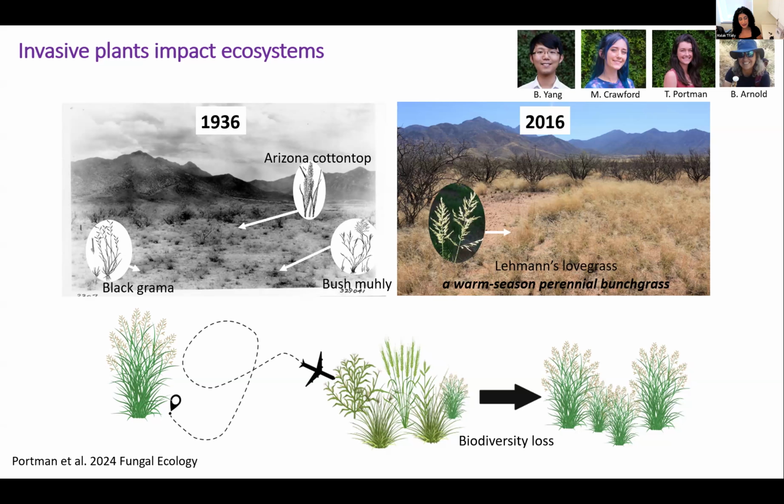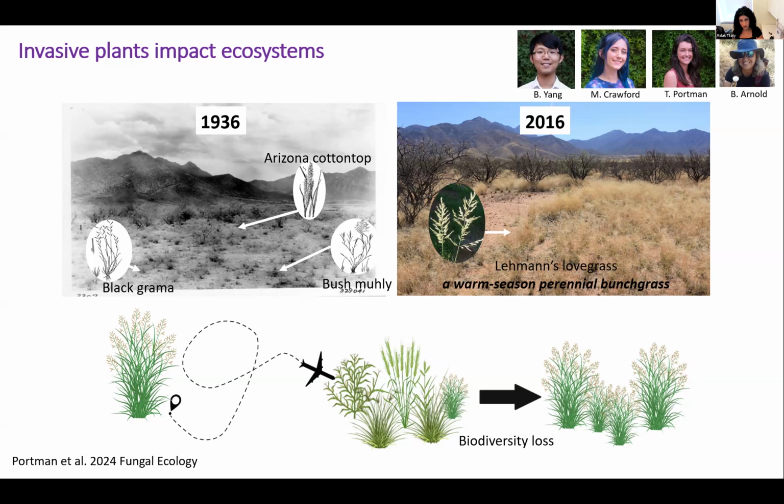However, since its introduction, this species has become the predominant perennial grass in the introduced area, outcompeting native grasses and significantly reducing biodiversity. Now, this rapid and successful invasion highlighted a critical gap in our understanding of ecosystem processes.